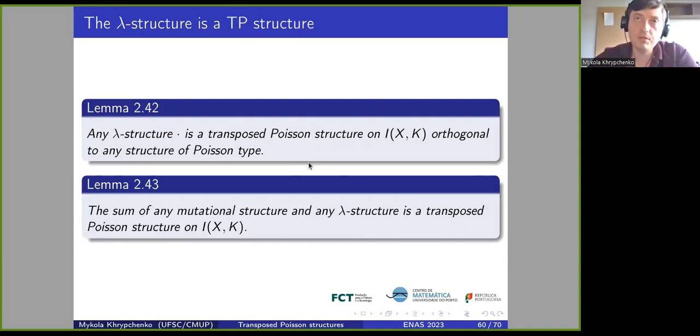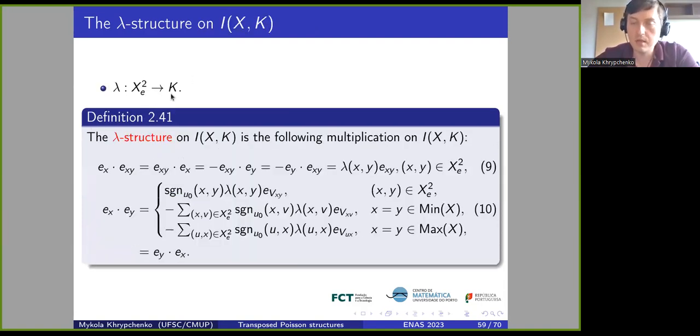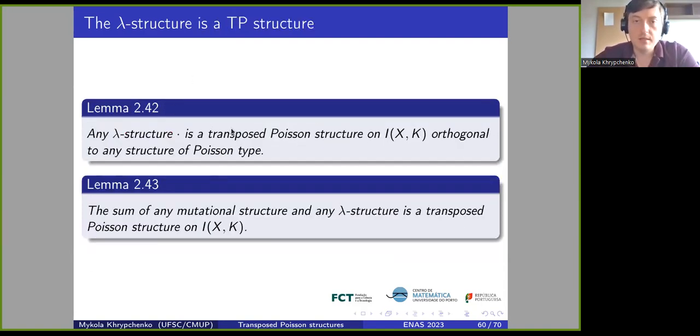It can be shown, but not trivially, that any lambda structure, for any lambda, is a TP structure on the incidence algebra, and it's orthogonal to any structure of Poisson type. And it can be shown that the sum of any mutational structure and any lambda structure is again a TP structure. They are not orthogonal, but their sum turns out to be a TP structure as well.